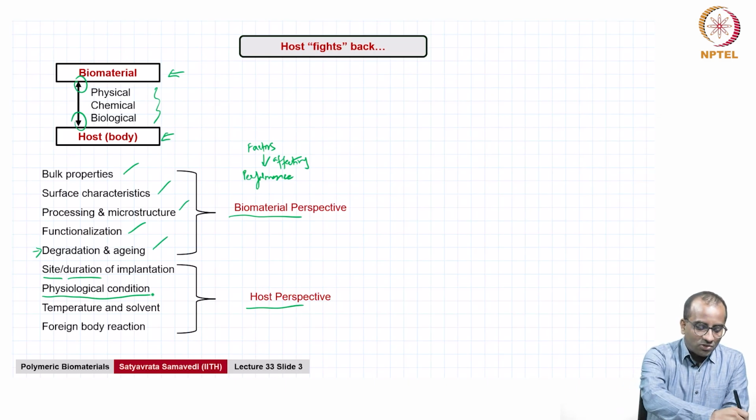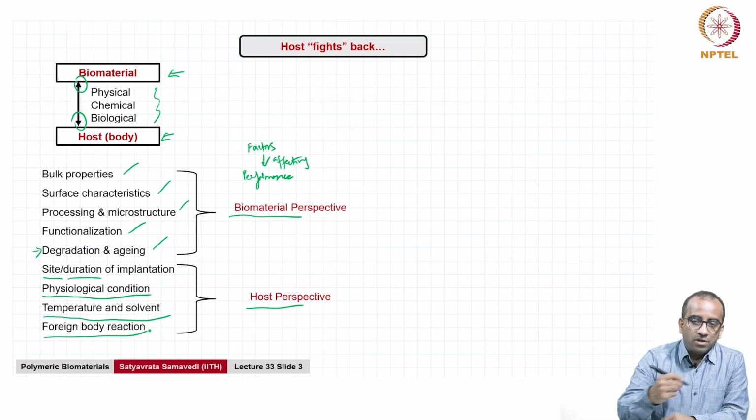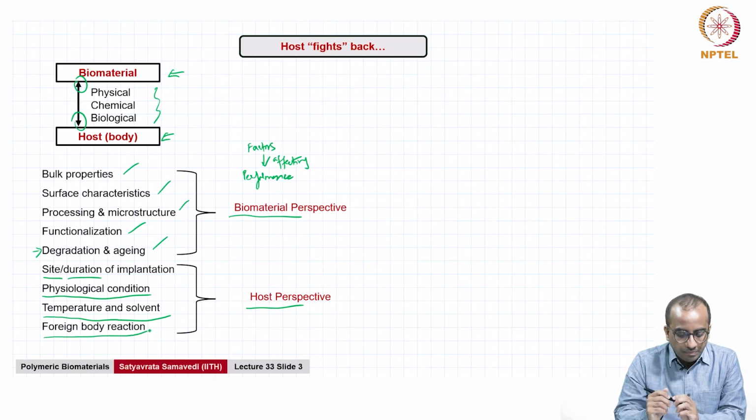Of course, temperature and solvent effects are inevitable because the body, as we have continuously said throughout this course, consists of an aqueous buffer with salts at 37 degrees Celsius. So those are going to have their own effects on any implanted polymeric biomaterial. And of course, there is the foreign body reaction, which is going to be the focus of this lecture.